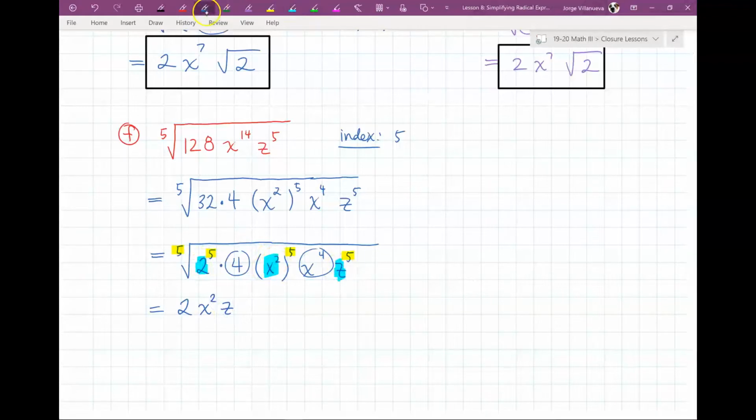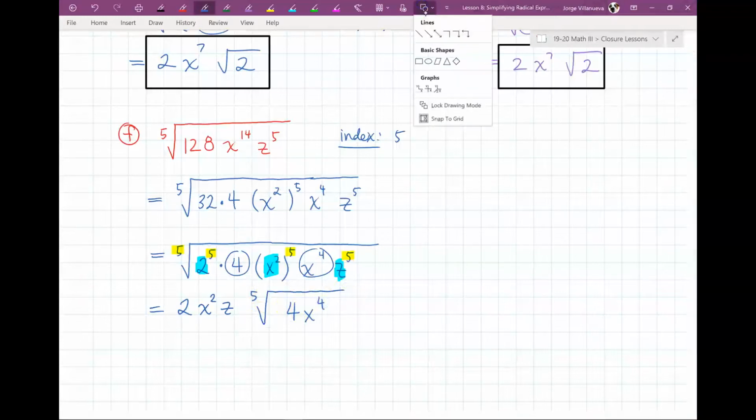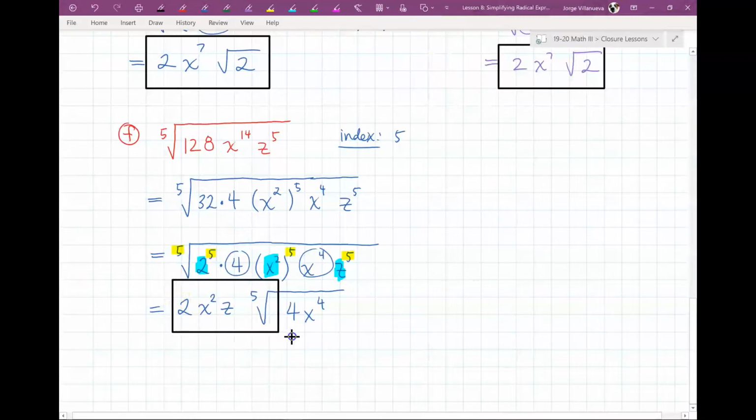The rest of it gets to stay inside. So it's going to be a 5th root of 4x to the fourth. And that would be your answer for that one. So here we go. There's that solution.